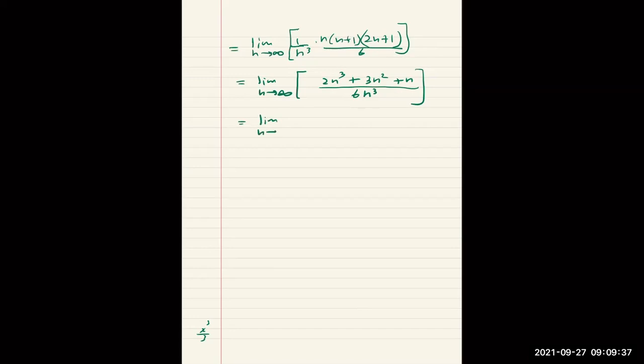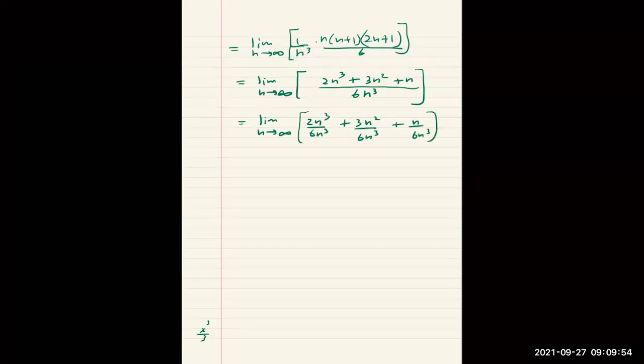Limit as n approaches infinity, 2n cubed divided by 6n cubed plus 3n squared divided by 6n cubed plus n divided by 6n cubed. Okay.